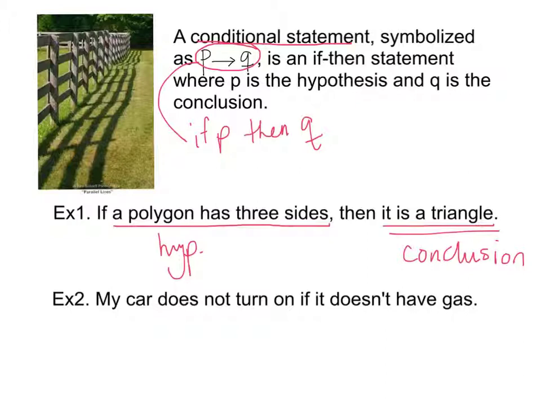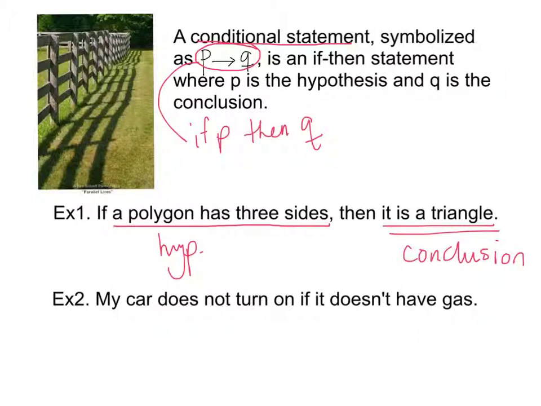Okay, here's our next example. My car does not turn on if it doesn't have gas. Now this is a conditional statement, even though it's not written in the typical if-then format. So sometimes we rearrange the sentence to kind of confuse you a little. You have to ask yourself, what's the setup and what's the result? When I look through here, it says my car does not turn on if it doesn't have gas.